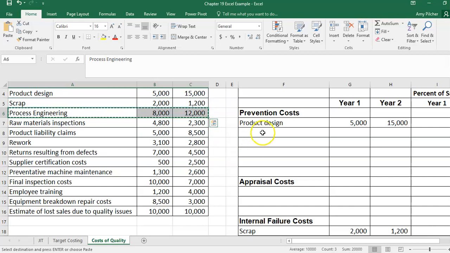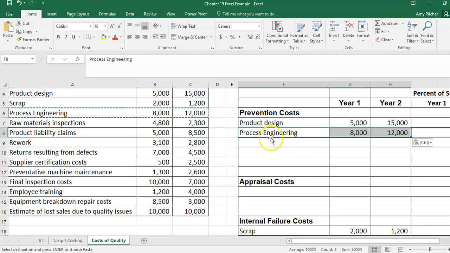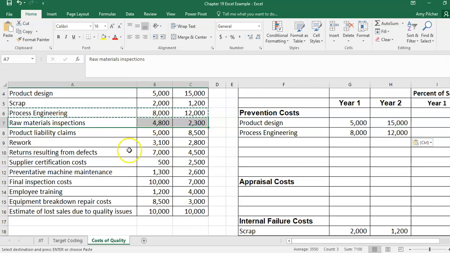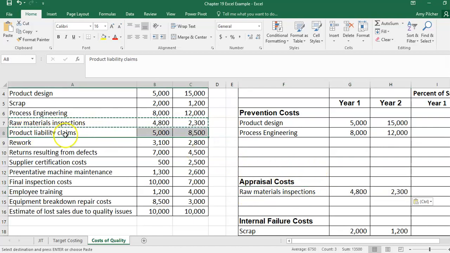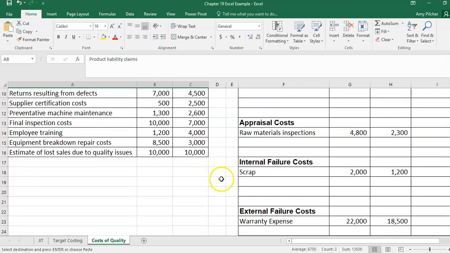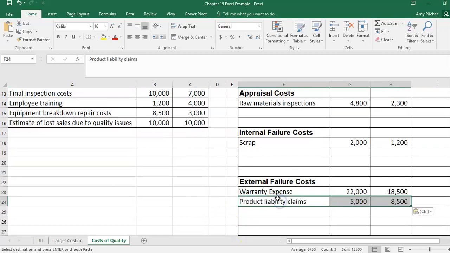So process engineering is a prevention cost. Raw materials inspections. All inspections are appraisal costs. Product liability claims. Product liability claims happen after a customer has our product, which makes product liability claims an external failure cost.